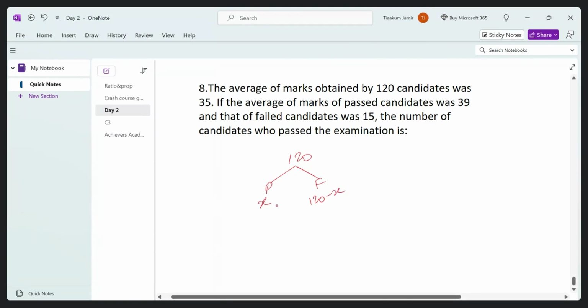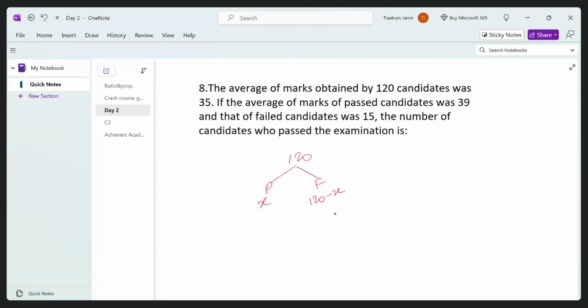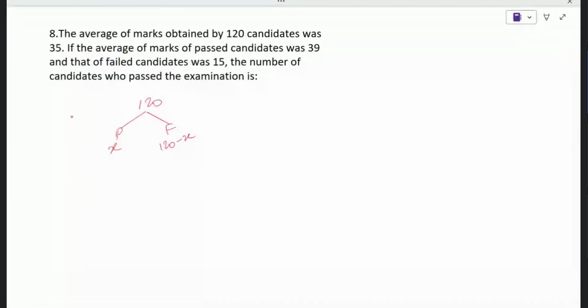So this is the total number of observations of pass, and this is the total number of observations of fail. Average is given, so let's find the sum of observations.